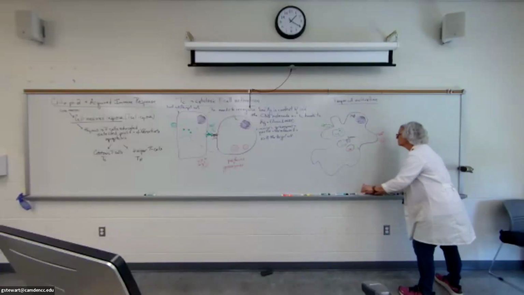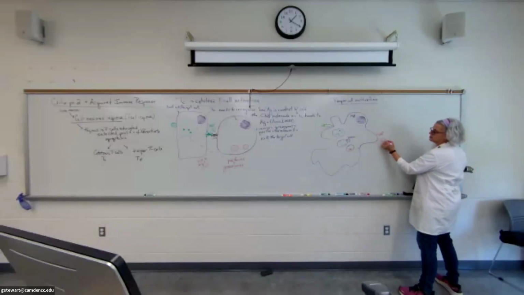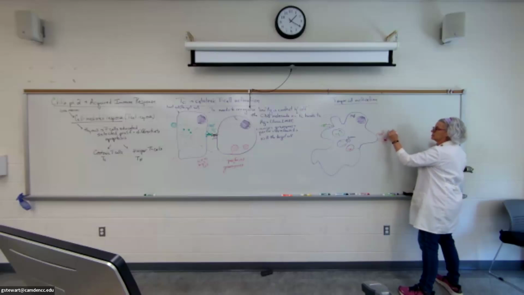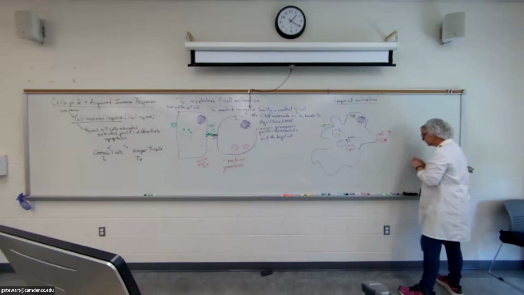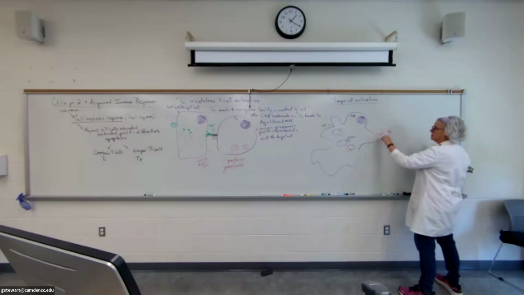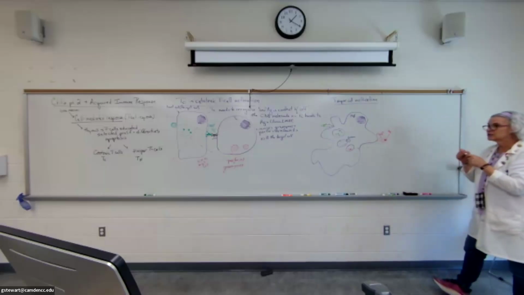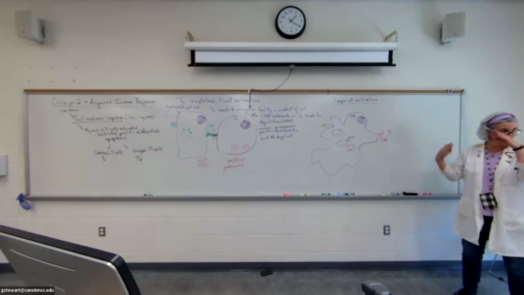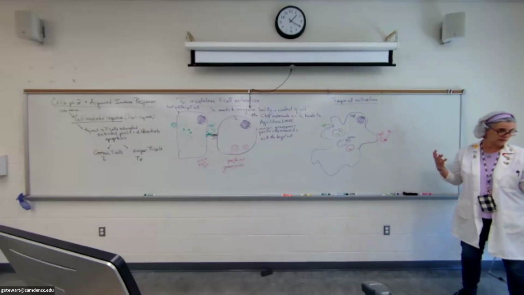And I'm going to just stick my antigen in there. Antigen, right? Class 2 MHC plus antigen. And again, there's going to be multiples of these all around the surface of the cell, not just one.